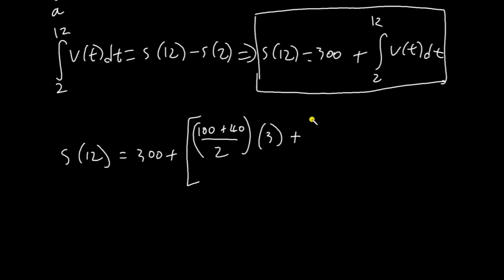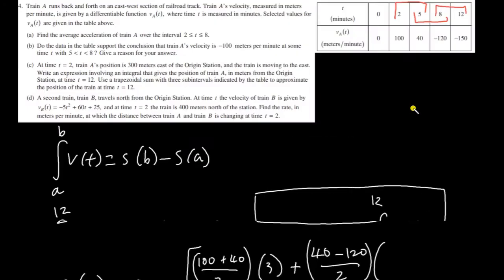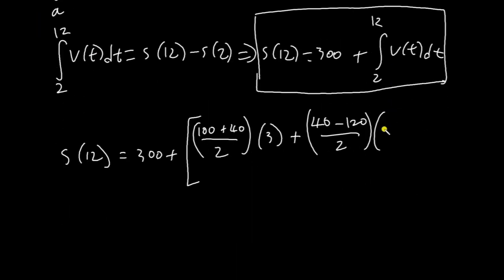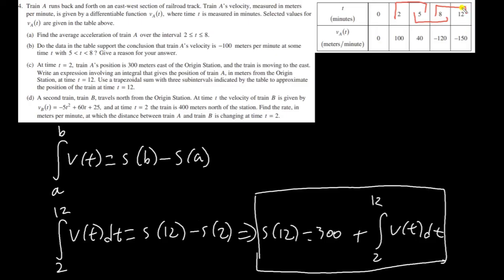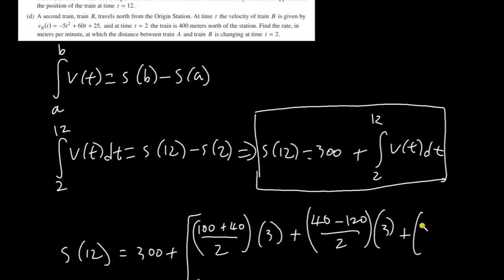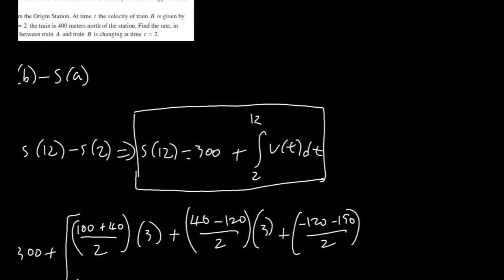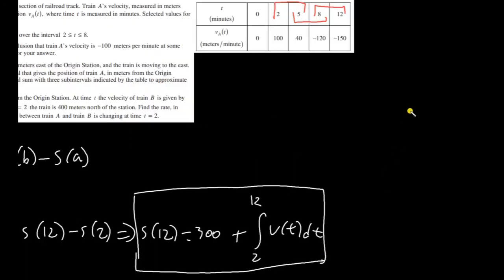So it's going to be 40 plus negative 120, so minus 120 over 2 times the difference in the t values, 5 to 8, 3, plus, and then 8 to 12, the difference is 4, and the average between these is going to be negative 120 minus 50 over 2, times the difference between 8 and 12, which is 4.